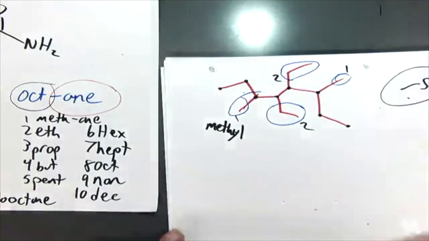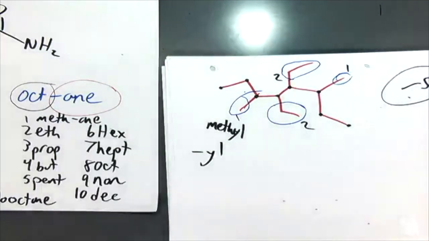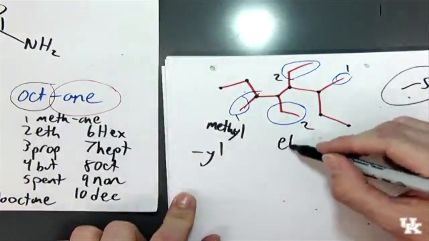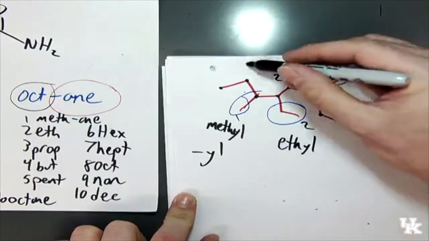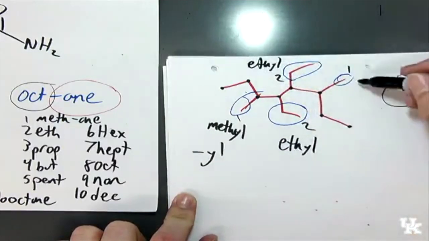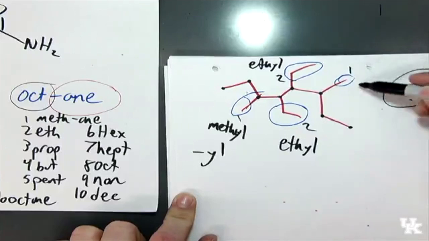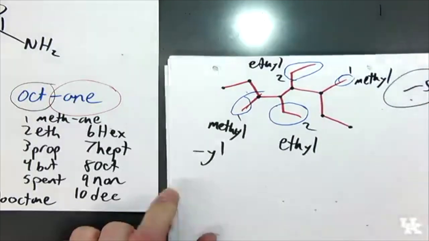Ooh. yl. This is another chemistry language moment, and yl means a substituent. It just means that that thing is attached to something else. It's a shorthand way of showing that in writing. So the one with 2 is ethyl. Same up here, ethyl. And up here, this 1, that's a methyl.